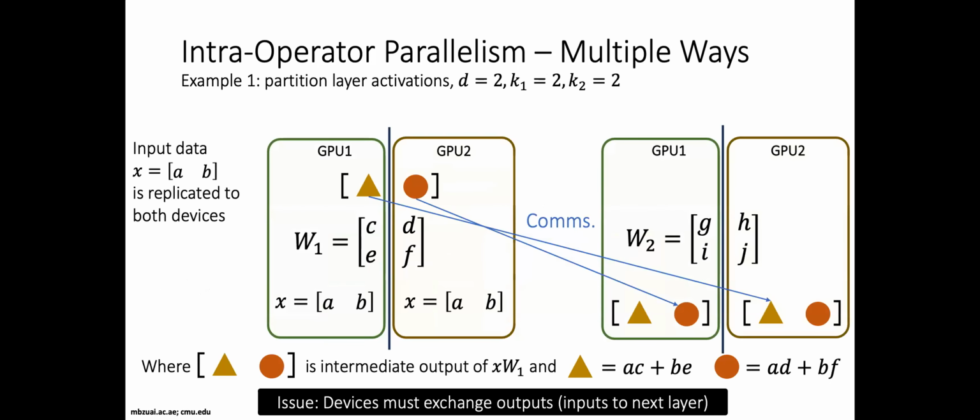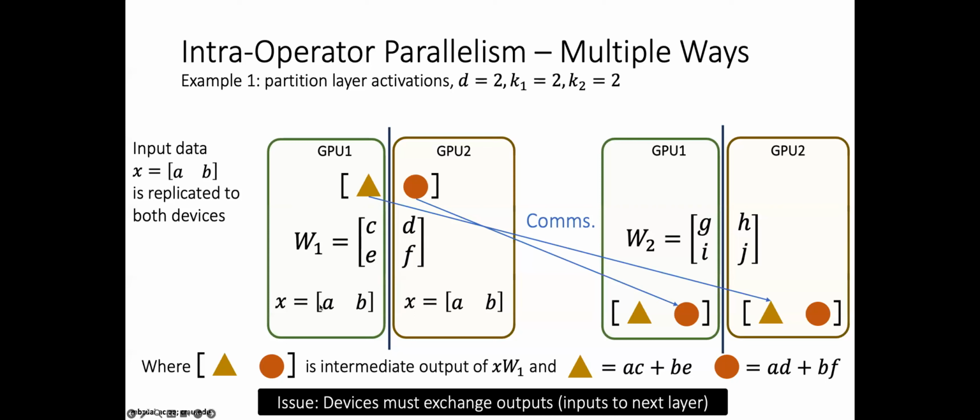If we take a look at the actual mathematics and communication of this column partitioning, what you will see is that we've column partitioned W1. Let's call the two left submatrices C and E. That's to GPU1. The two right submatrices D and F go to GPU2. We're going to give the entire input to the layer to both GPUs because they need it.